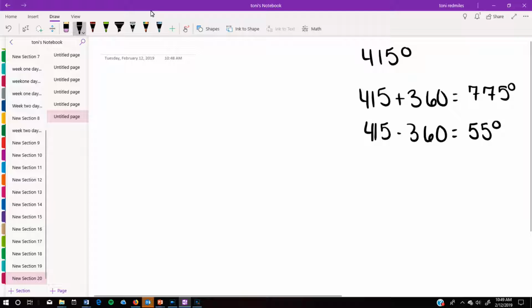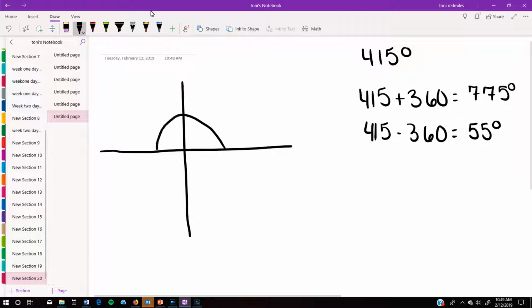All right, here's the problem. 415 is a coterminal angle where I added 360 to a smaller angle, okay? So let me show you what I mean. To make 415, I got to go 360 degrees, okay? If I subtract 360 degrees from 415, I'm going to get 55, so I'm going to go about that far. Okay?